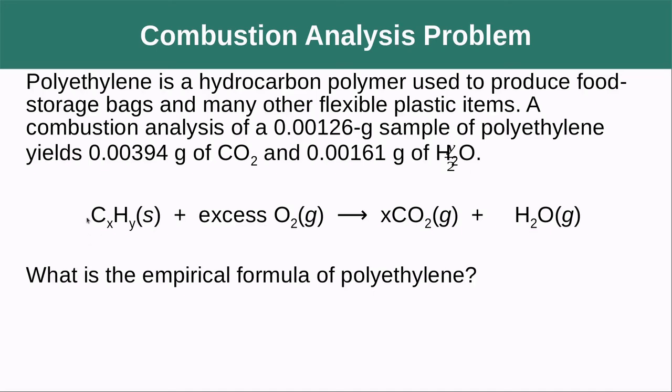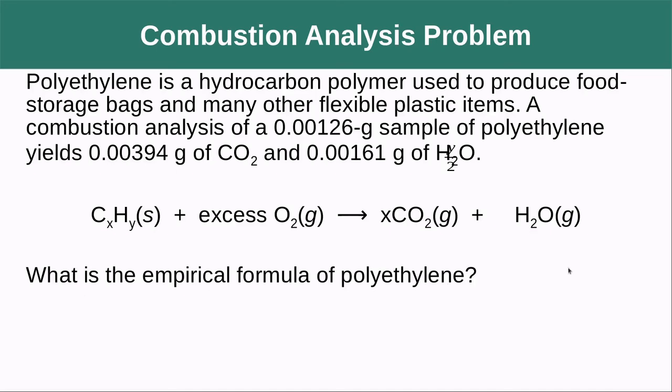So we know that this is a hydrocarbon, meaning it contains some amount of carbon and some amount of hydrogen. We're not sure what those proportions are yet. We're going to have an excess of O2, more than we need, and that's going to produce CO2 and H2O. What is the empirical formula of our polyethylene?